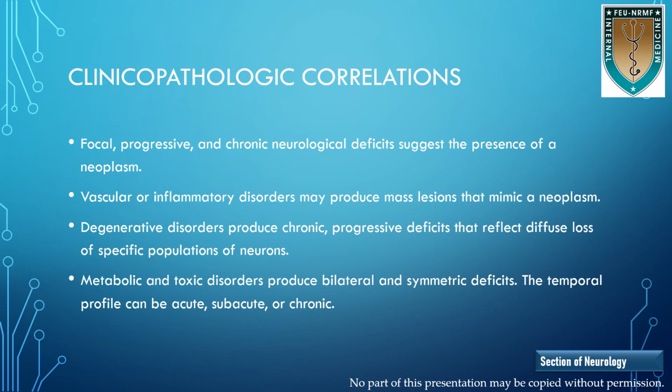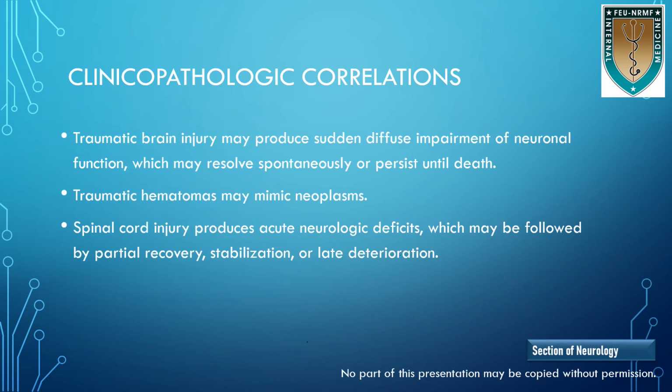The temporal profile can be acute, subacute, or chronic. Traumatic brain injury may produce sudden, diffuse impairment of neuronal function, which may resolve spontaneously or persist until death. Traumatic hematomas may mimic neoplasms. Spinal cord injury produces acute neurologic deficits, which may be followed by partial recovery, stabilization, or late deterioration.